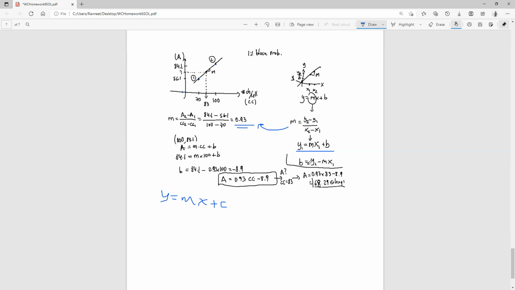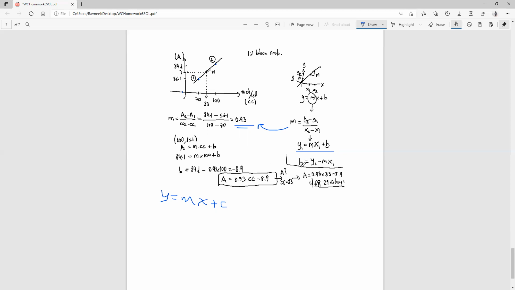So b is equal to y1 minus mx. You can use any y and x values; you can use either pair of points. What they have used is 84.1 and 100.